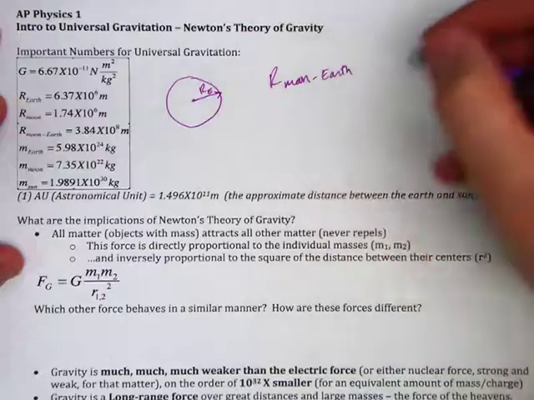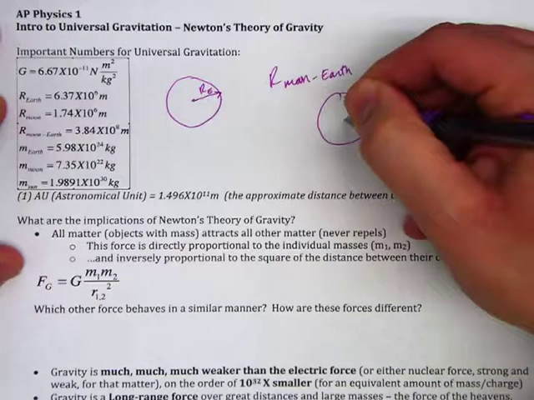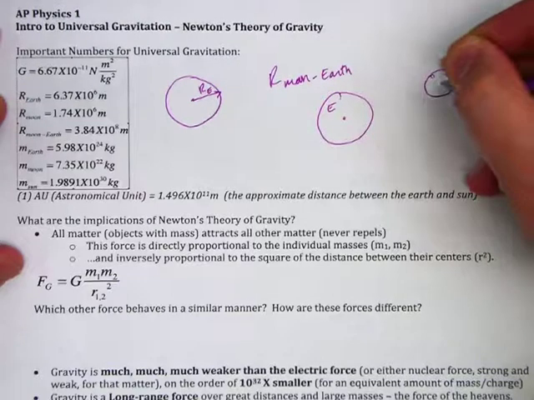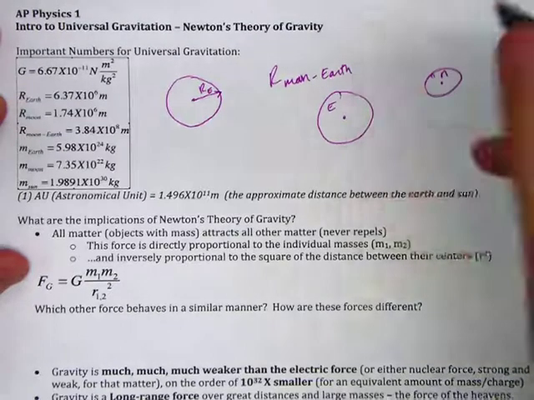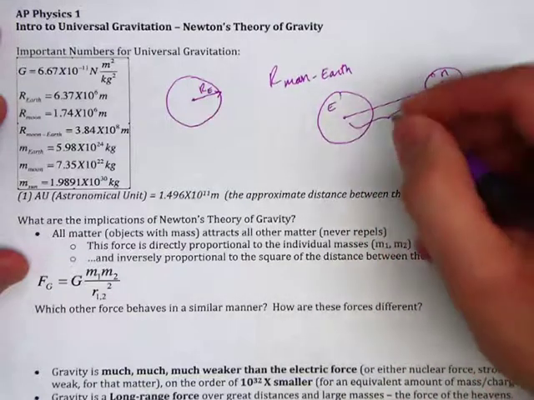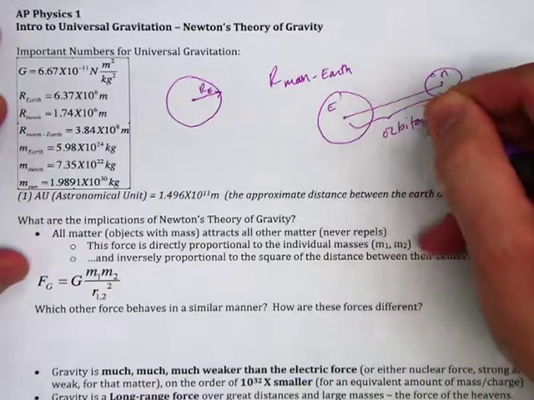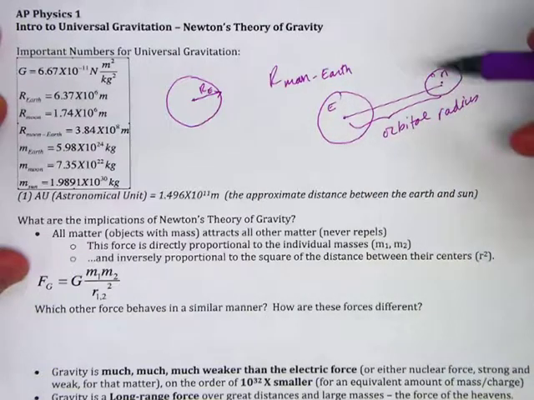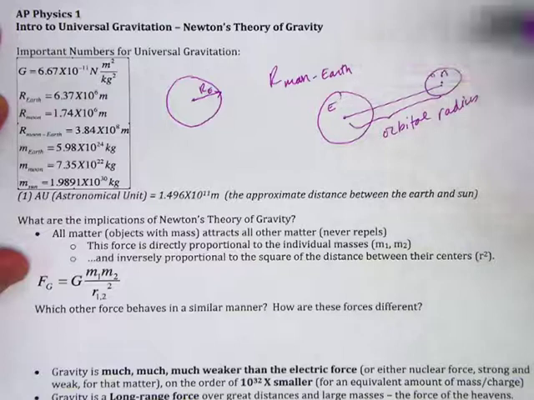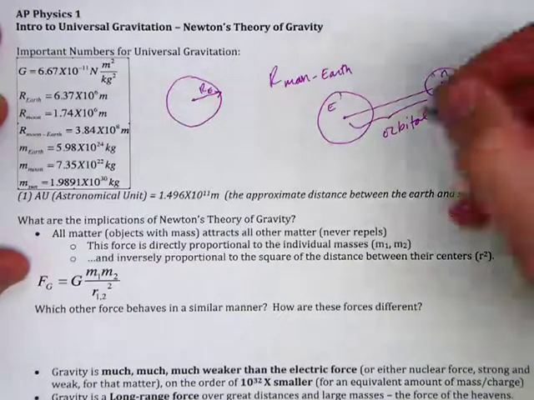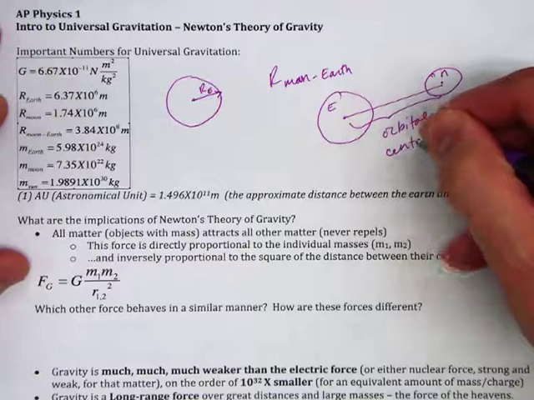So if this is the Earth over here and this is the moon somewhere over here, this is a center to center distance, which we call the orbital radius. So in this unit, whenever we refer to the radius in terms of the universal law of gravitation, it's the center to center distance between two objects.